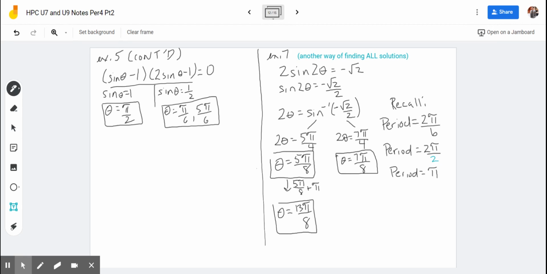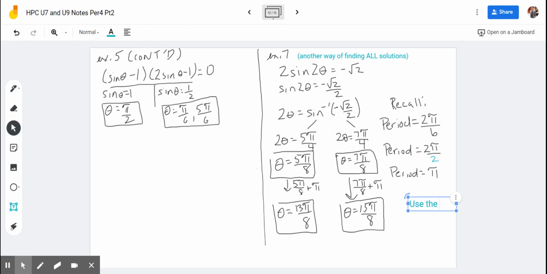And then we could do 7 pi over 8 plus pi as well to give us theta is equal to 15 pi over 8. Okay, so that's another way to find the solution, is to use the period of the sine function to find additional solutions.